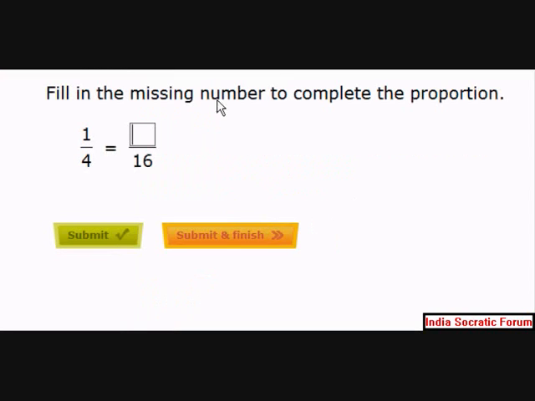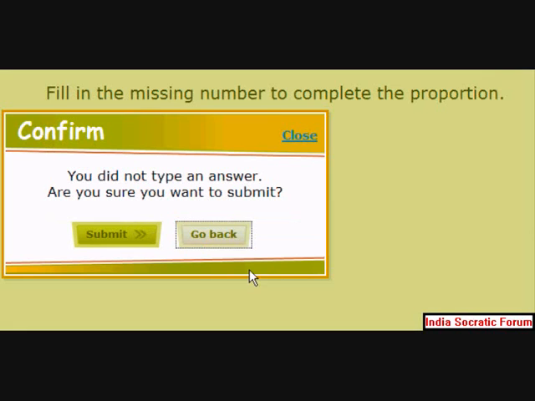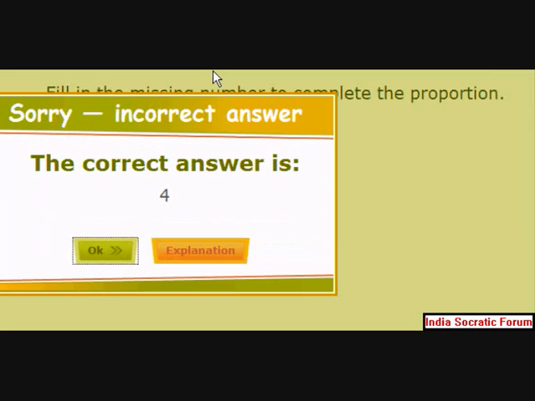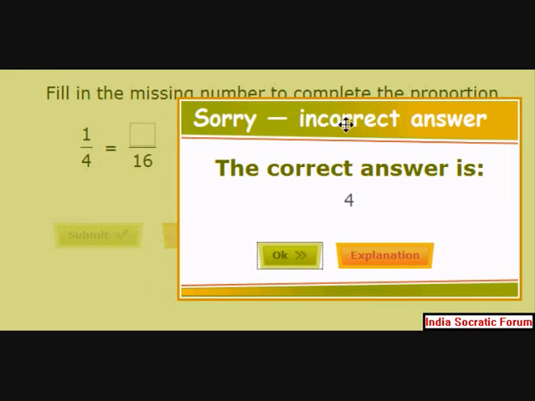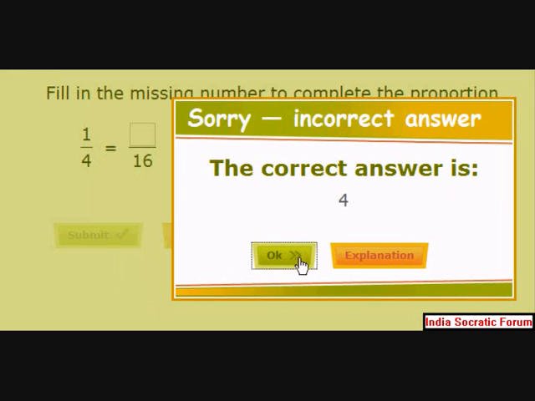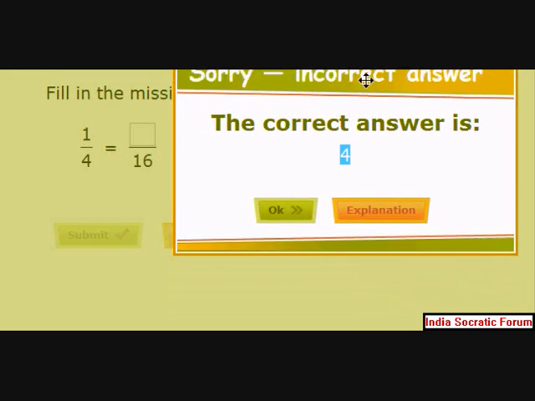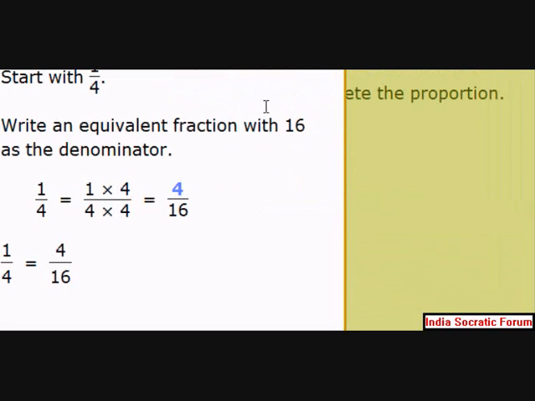One more sum. Fill in the missing number to complete the proportion. 1 by 4 equals what by 16? You have to start with 1 by 4 and find the right number to multiply. You get 4 as the answer. Good.